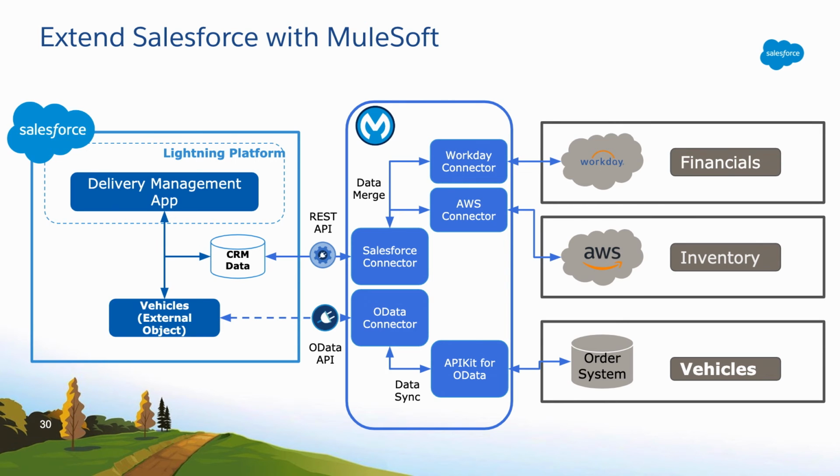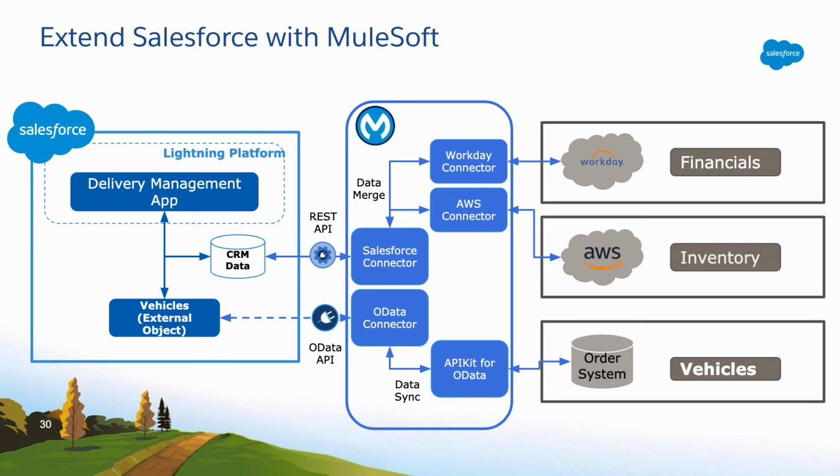So for instance, if we were doing a delivery management app, you'll start to see we can lay in all of these different features of Salesforce, such as the REST API to push data into your CRM data, OData through Salesforce Connect to expose those external objects.